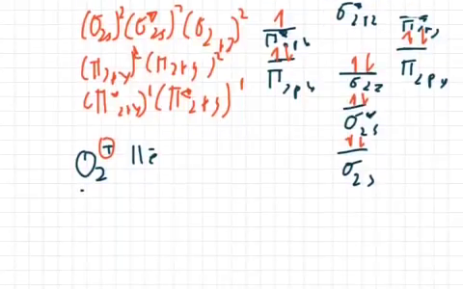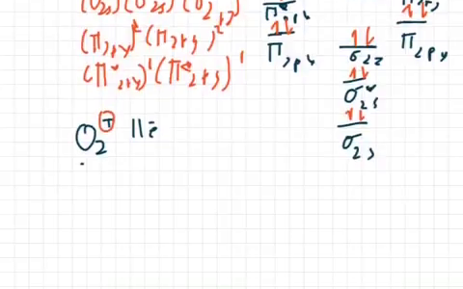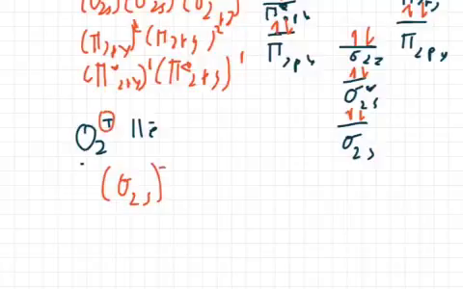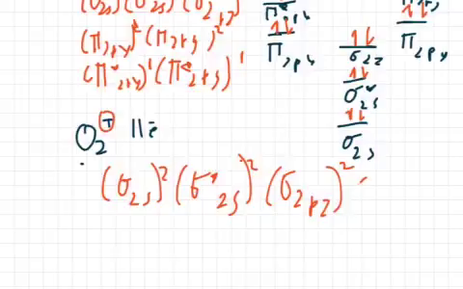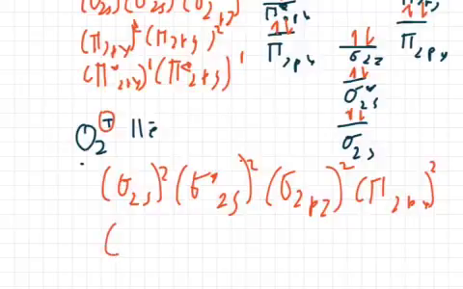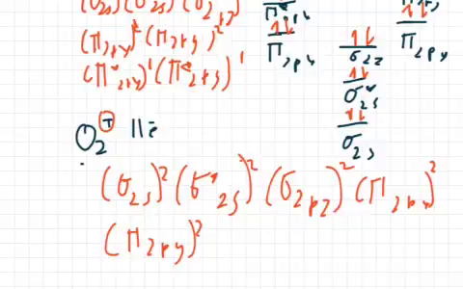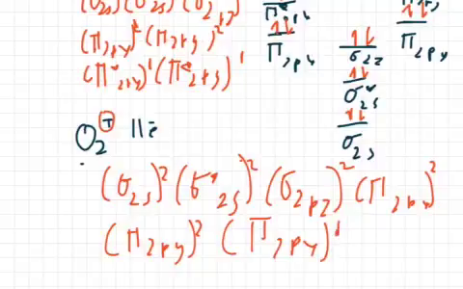And again, we simply write the same valence configuration as above: sigma 2s 2, sigma star 2s 2, sigma 2pz 2, pi 2px 2, pi 2py 2, and then pi star 2px 1.